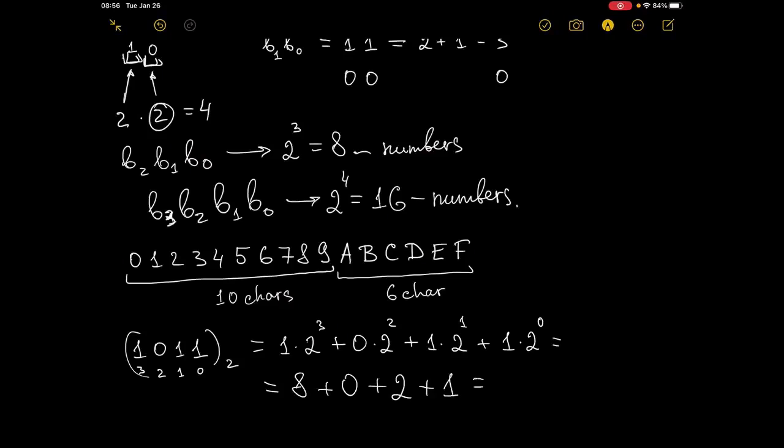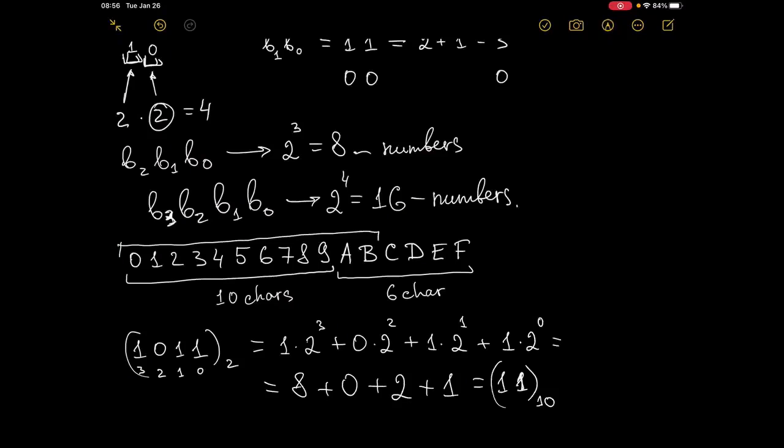So 11 in decimal representation, but because here we use 16 characters already, right?